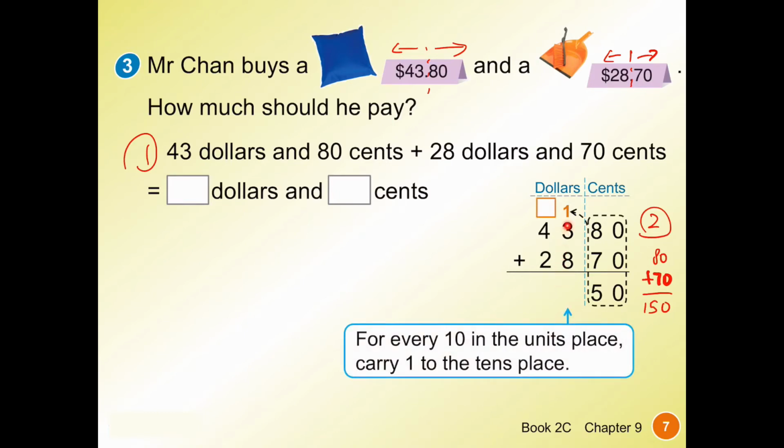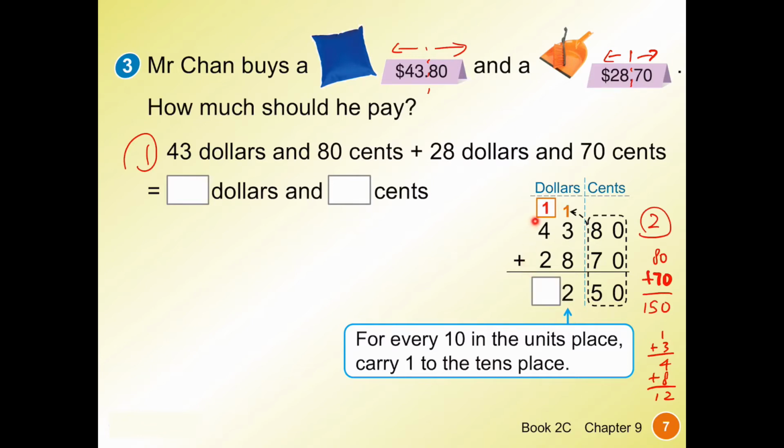And we try to add up 1 and 3 and 8 together. 1 plus 3, 4 plus 8, we have 12. So for every 10 in the units place, carry 1 to the tens place, because we have more than 10 here in the unit place. So we do have to carry 1 to the tens place.